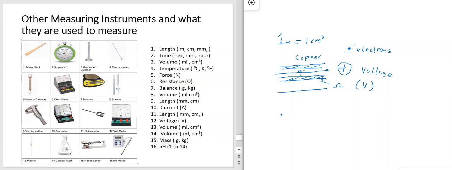But pH basically goes from 1 to 14, and then you have 7, which is neutral. So anything below 7, moving towards 1, these are what are called acids.